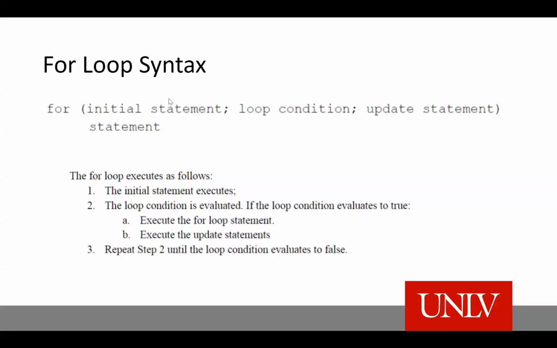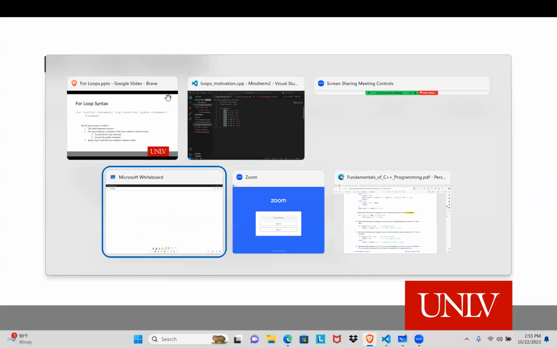And to begin with, a for loop has three important parts, which are initial statement, loop condition, and an update statement. So if I were to write a for loop, I'll start with the keyword for, and I'll give both opening and closing parenthesis. And we have something called an initial statement.